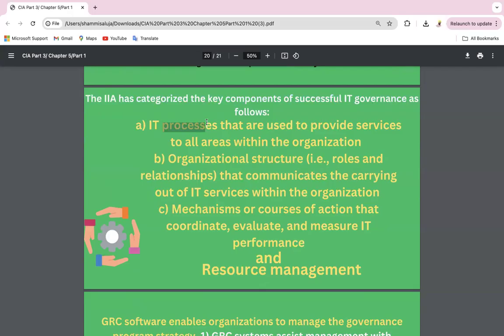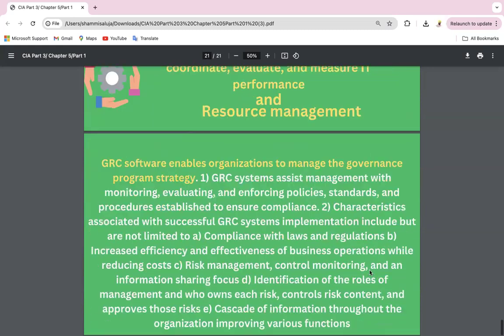One more time: processes and structure. Apart from this, the mechanism, the kind of methodology, and obviously the human resources of the organization ought to be managed effectively. So whenever we talk about successful IT governance, the IT process, hierarchical structure, methodology, and human resources all together play a crucial role.